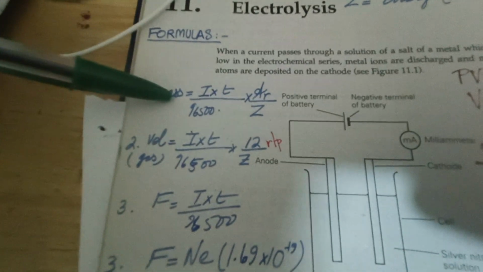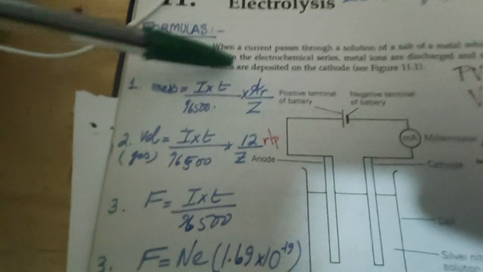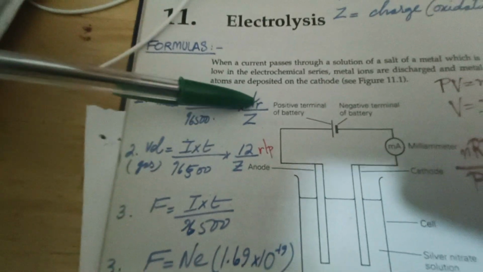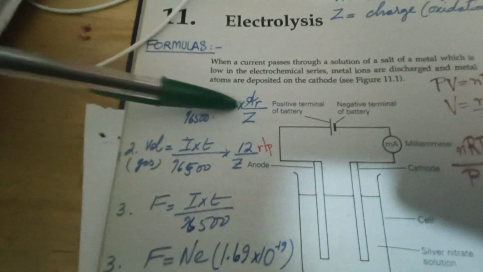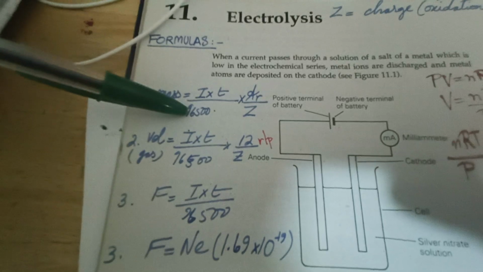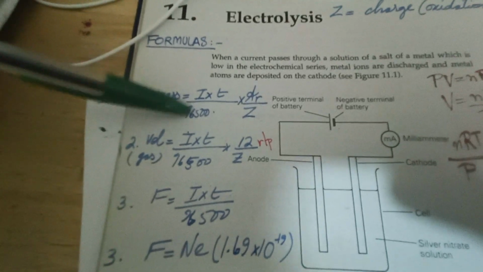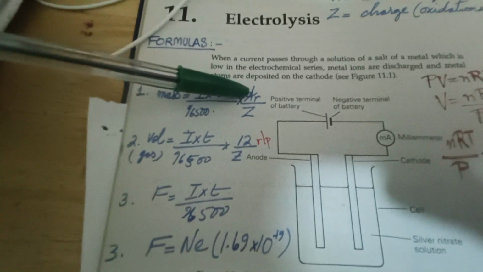Mass deposited, okay? Current passed for amount of time multiplied by the relative atomic mass of the element under question, silver, nickel, copper, iron, whatever, divided by the Faraday constant 96,500, divided by the valency of the metal in question.